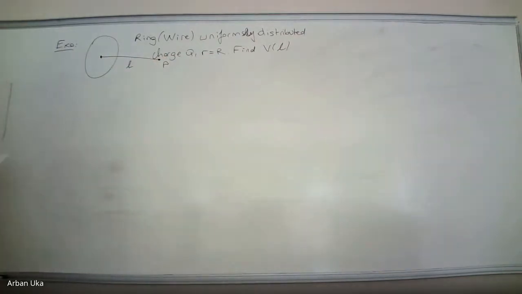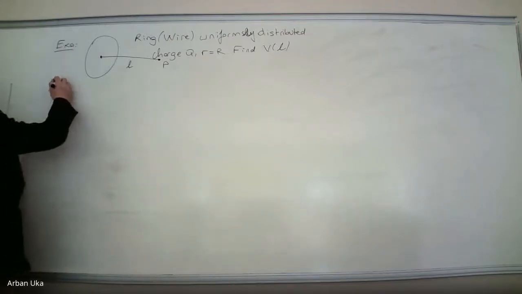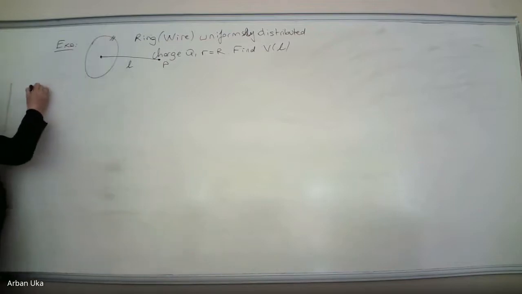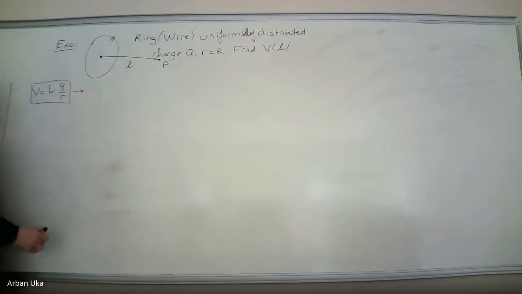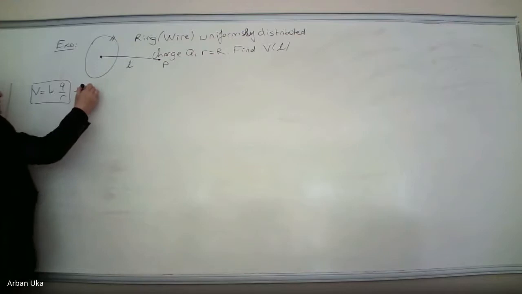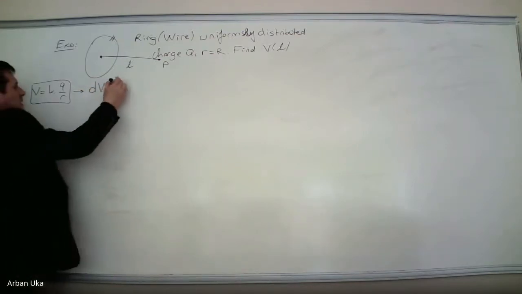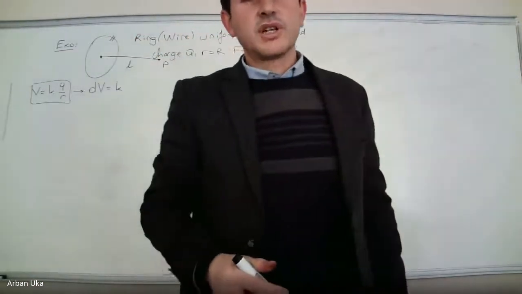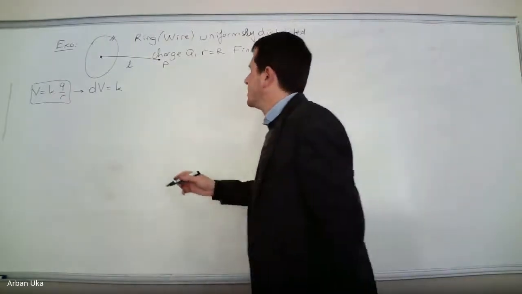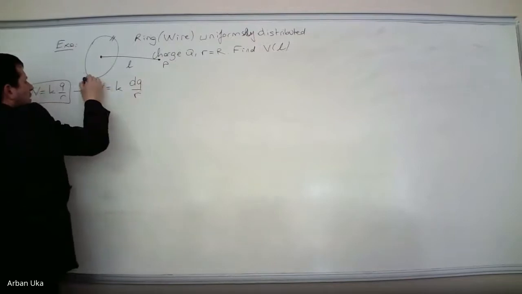How can we solve this one? What we should know is that from this expression, V is equal to K Q over R. What we can derive from here is that we can express the infinitesimally small potential, which is going to be originated from an infinitesimally small charge distribution, delta Q, as follows: dV is equal to K dQ over R. Okay?